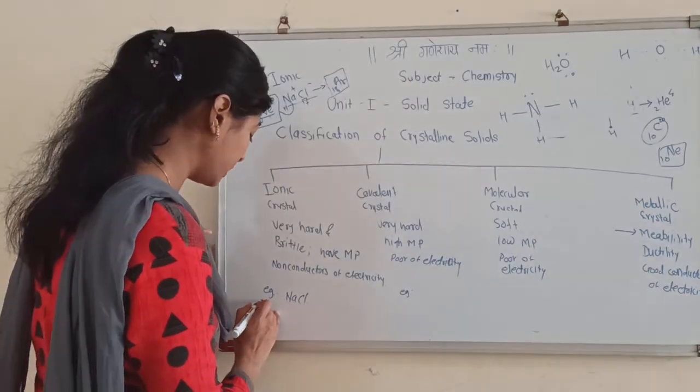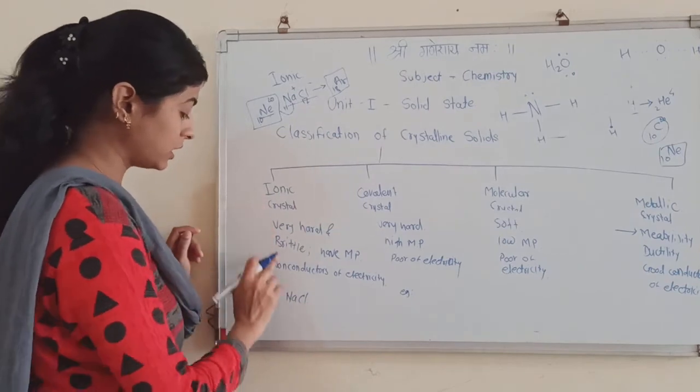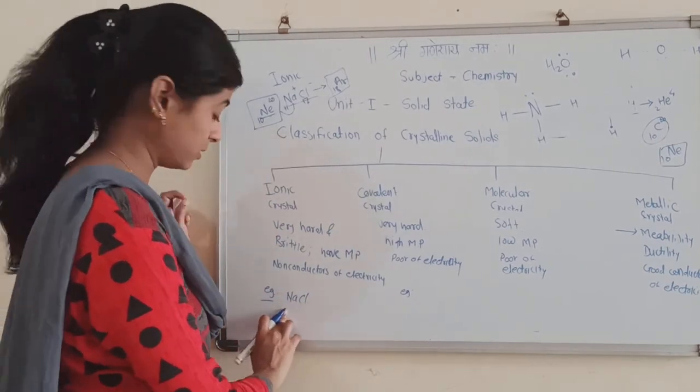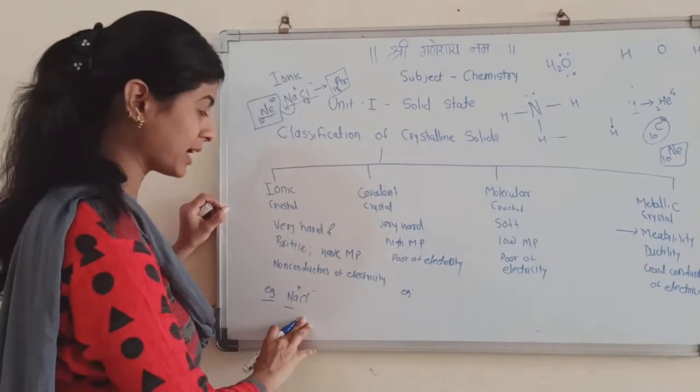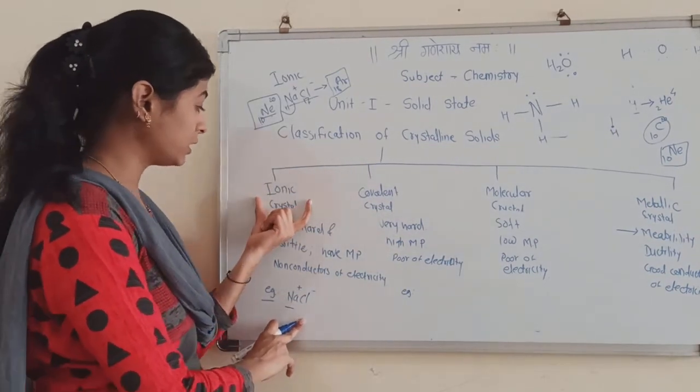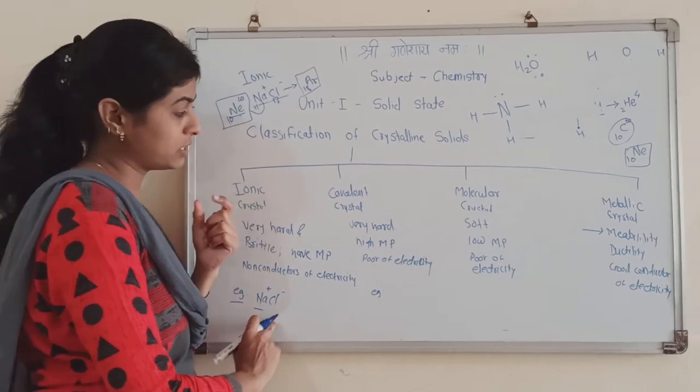Now, last point, examples. Ionic crystals have salts, that is NaCl, where Na positive and Cl negative form an ionic bond. So it comes under the heading of ionic crystal.